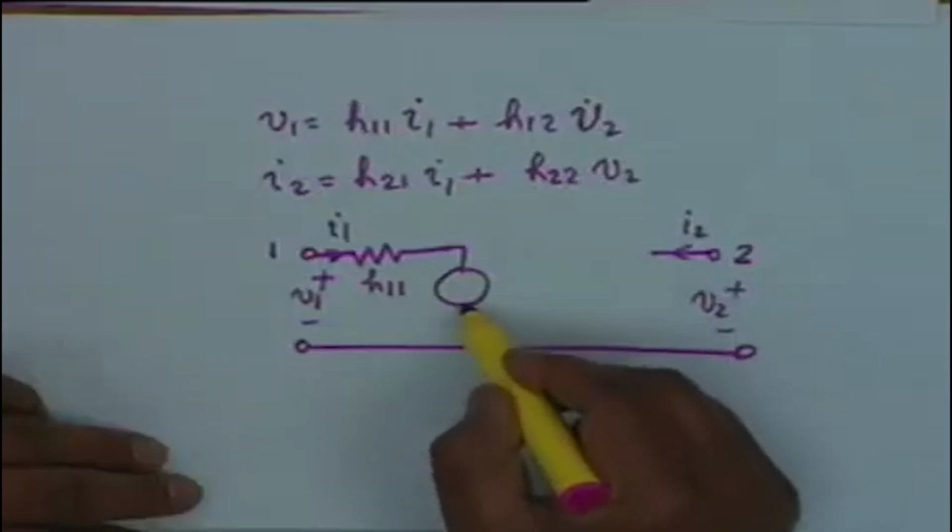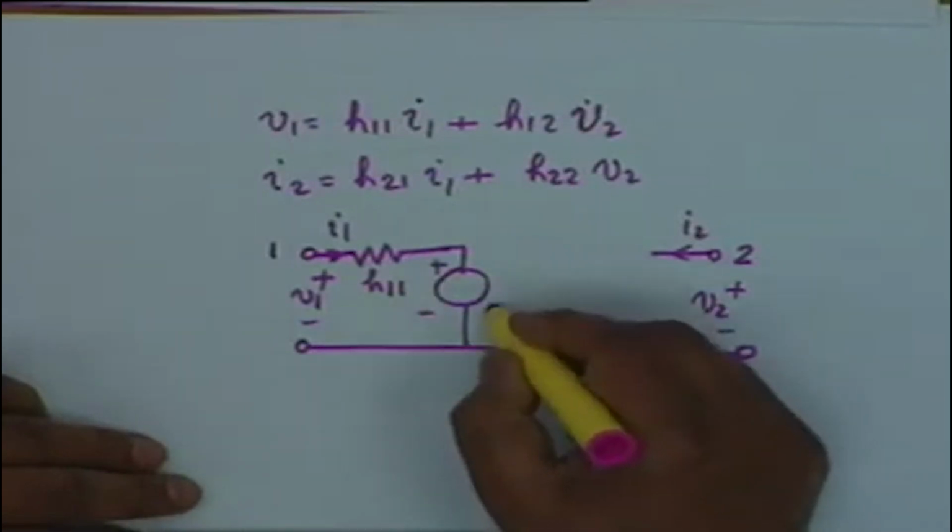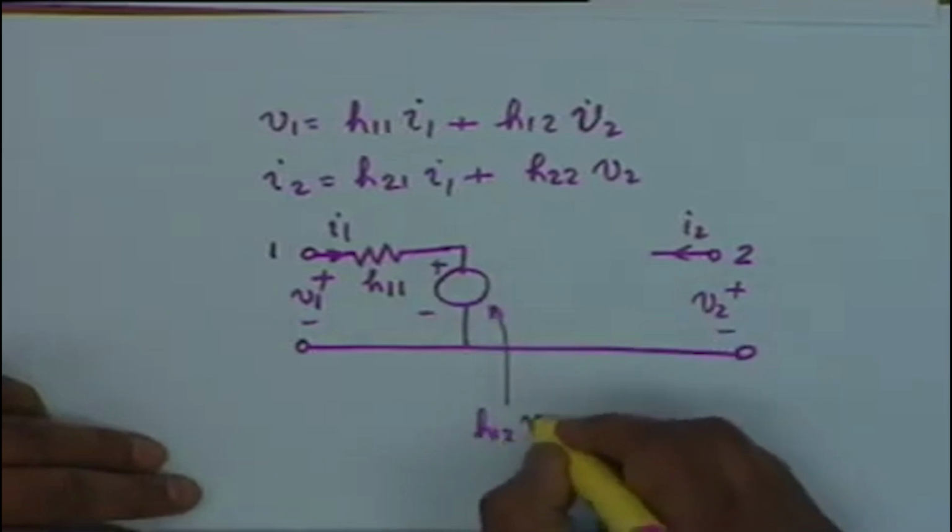V1 is equal to H11 I1 plus we want a coupled term. V1 is now coupled to V2, the other port voltage, through a term H12 V2, and the simplest way is to have a voltage generator here whose value is H12 V2.